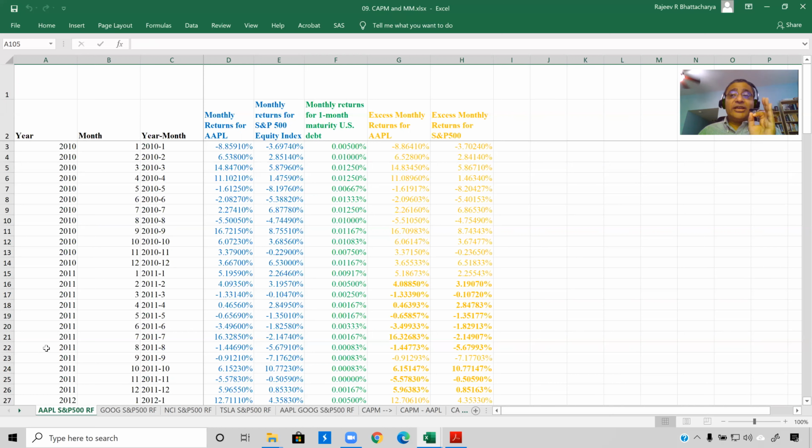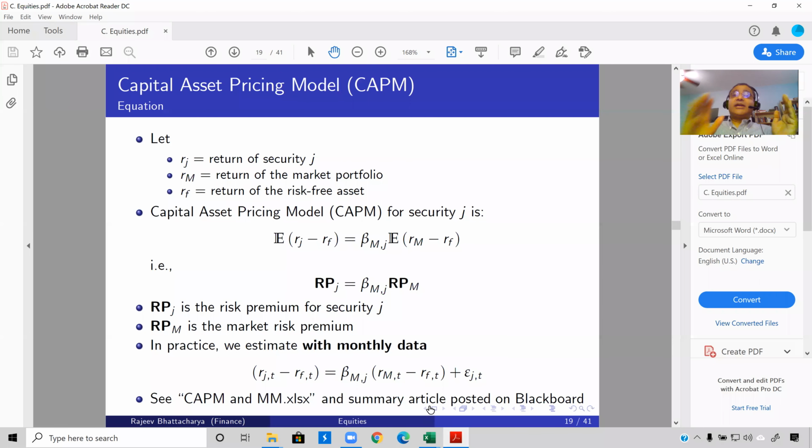And here are the two things that we need to do before we proceed any further. Going back to the capital asset pricing model equation, it is the return of the security minus the risk-free rate.